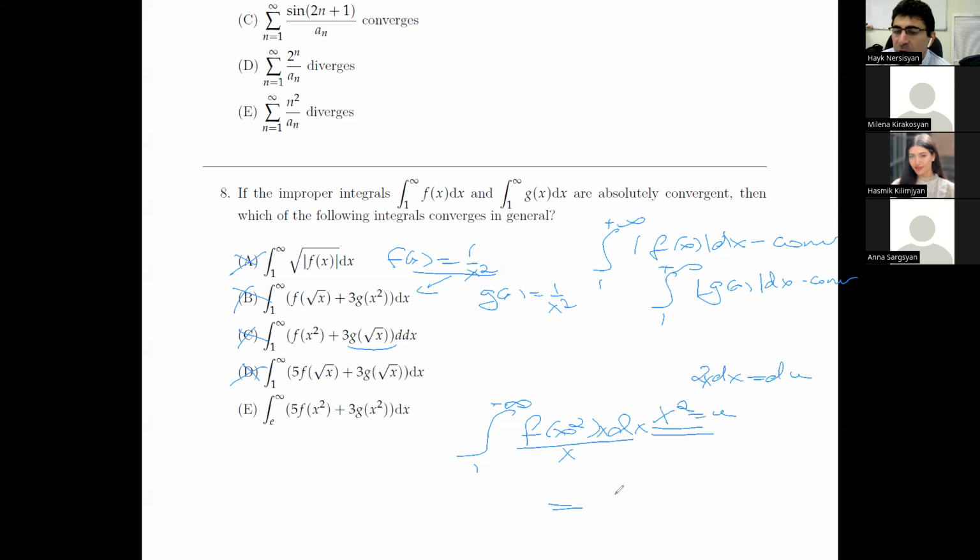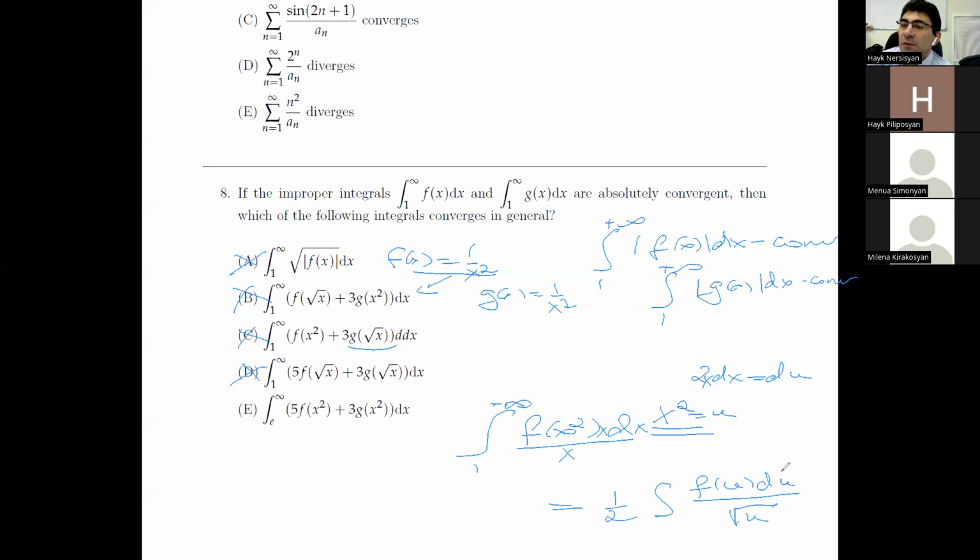If we perform the substitution, we get 1/2 integral of f(u) du divided by root of u, and still we have the integral from 1 to infinity. Why is f(u) divided by root of u going to be convergent? Because we can get the absolute convergence.